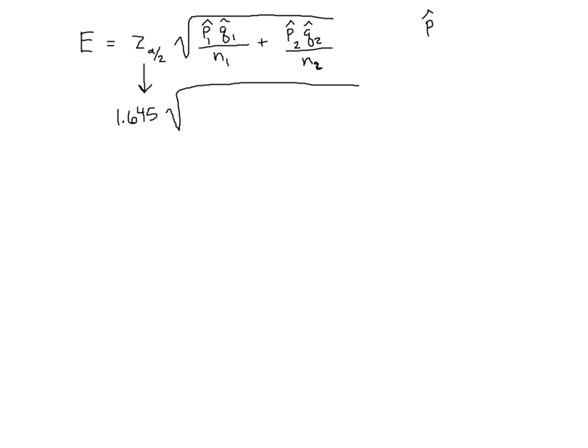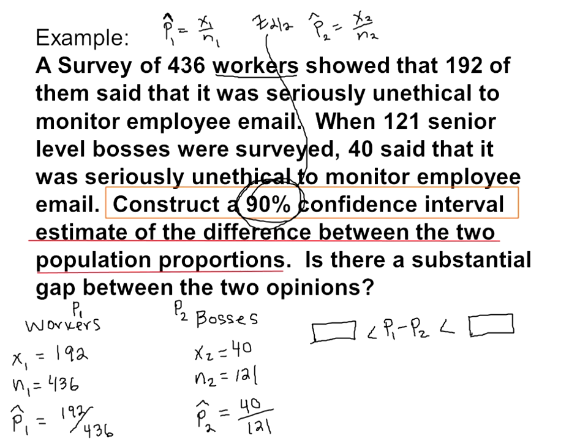Okay, so just to remind you from the previous screen, p hat was equal to 192 over 436. And that's from the first group, the workers. And then from the senior level bosses, that was 40 over 121. So I'm just reminding you what we had said from the problem.